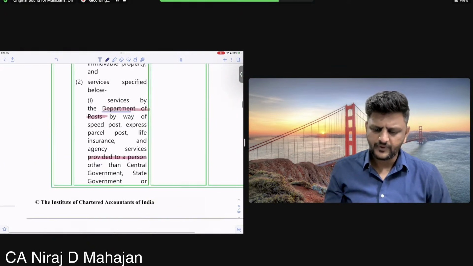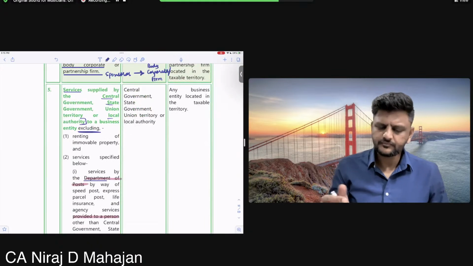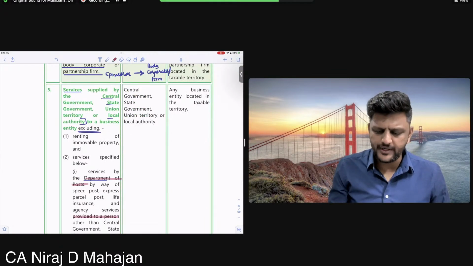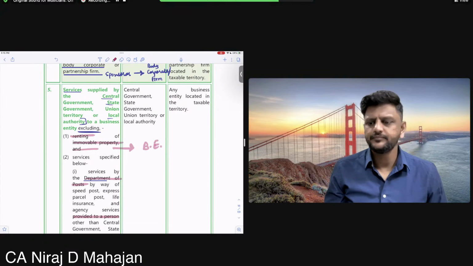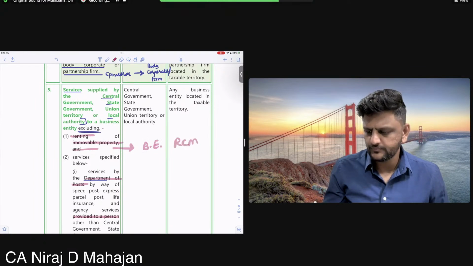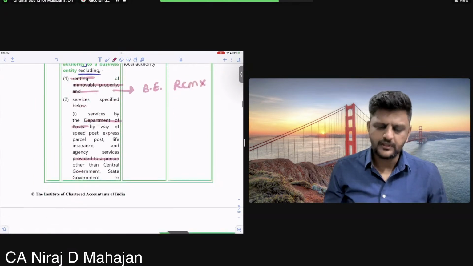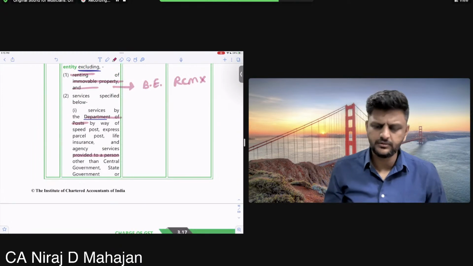Okay, check here. So renting of immovable property to business entity. Tell me, will there be RCM? No. Can't tell you. Then service by Department of Post.